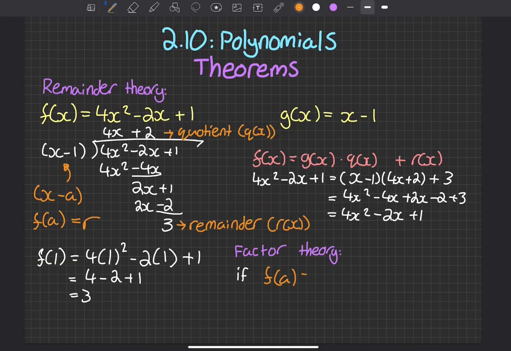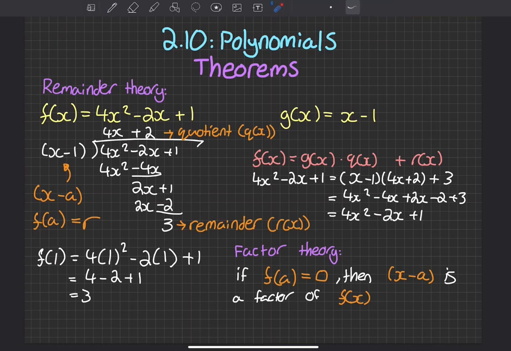But if this remainder is 0, if f of a is 0, then this x minus a, the thing being divided by, is a factor of f of x. And by that I mean the graph of f of x will touch the x-axis at x equals a, right?